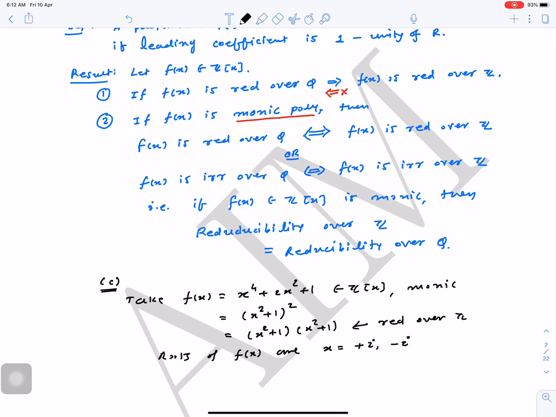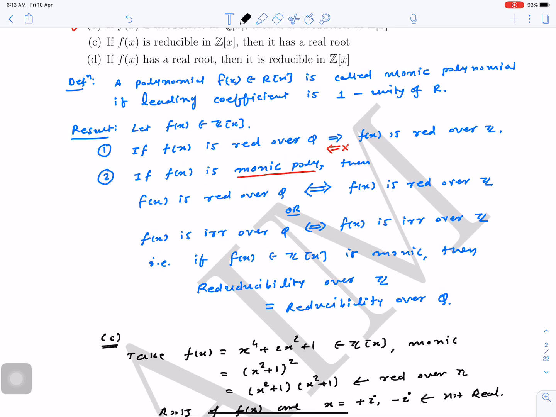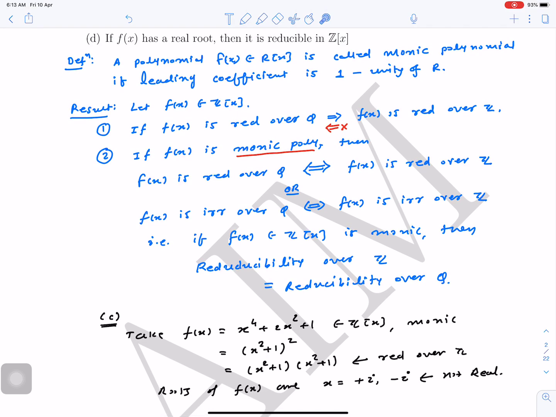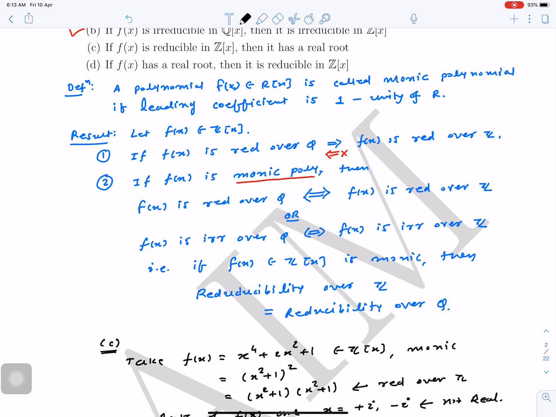These are the only roots, so these are not real. In option C, they claim that if f(x) is reducible in Z[x], then it has a real root. Here we have f(x) in Z[x], which is monic and reducible, but it has no real root. So option C is wrong.